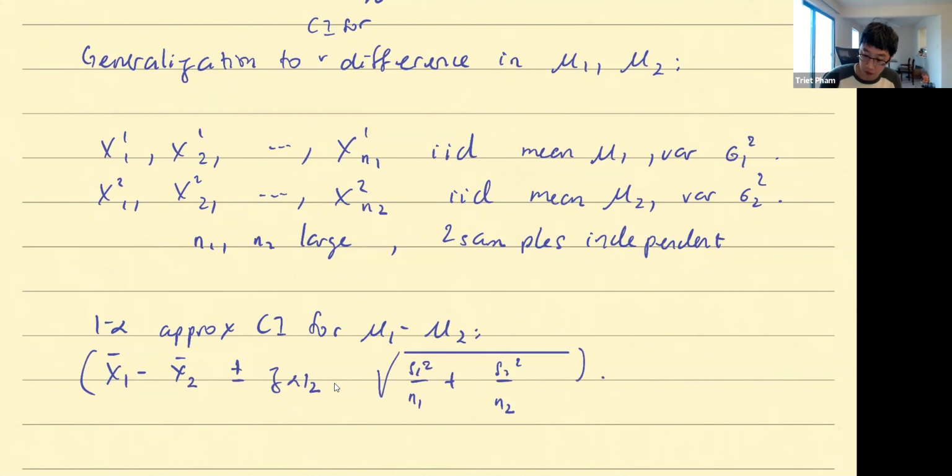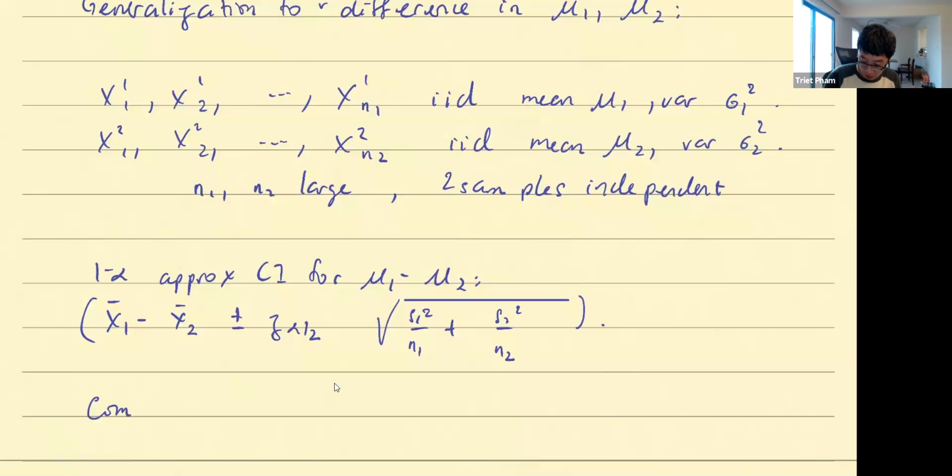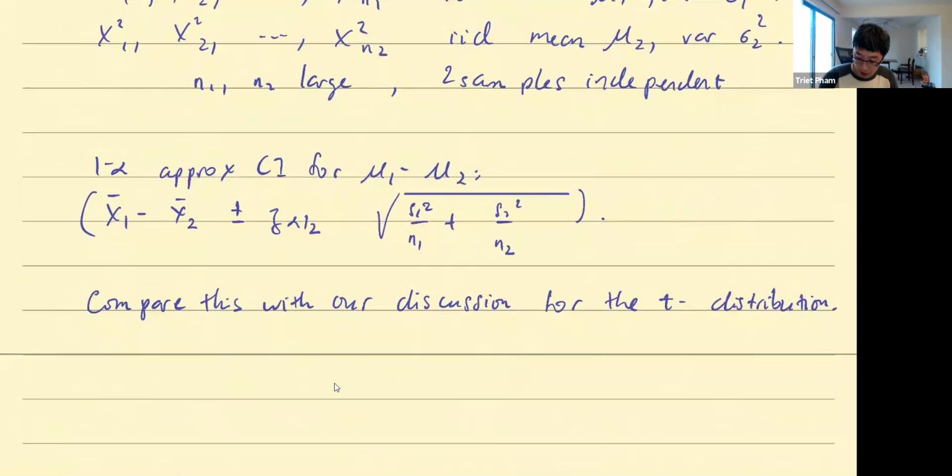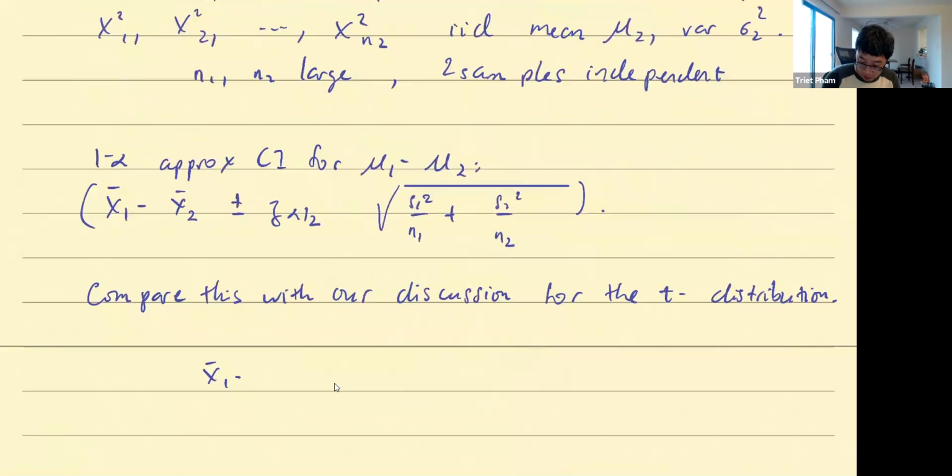Now, try to appreciate this. Compare this with our discussion, go back and look at it for the t distribution, and how I was saying certain things, like, this looks like a promising form.